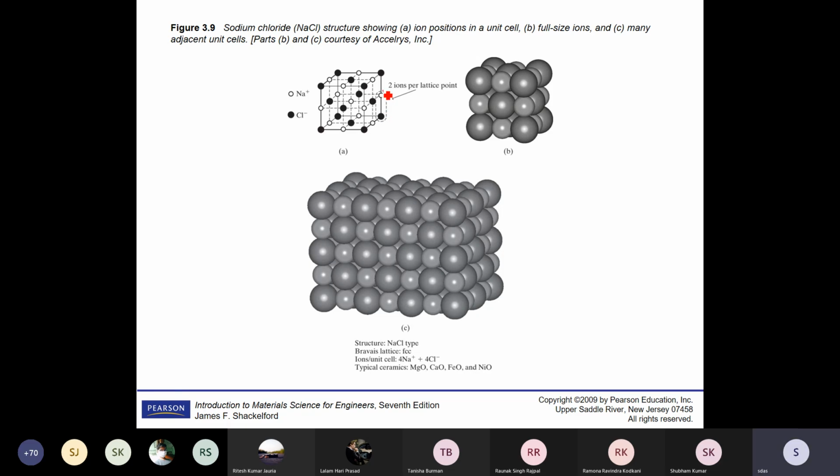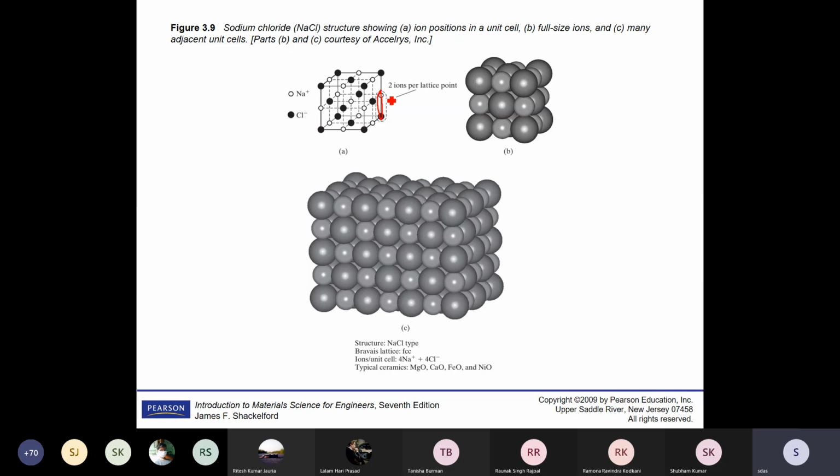There is a pair of ions, 1 sodium ion, 1 chlorine ion, and each pair is assigned to a corner position or a face-centered position, like this. So there is a pair.